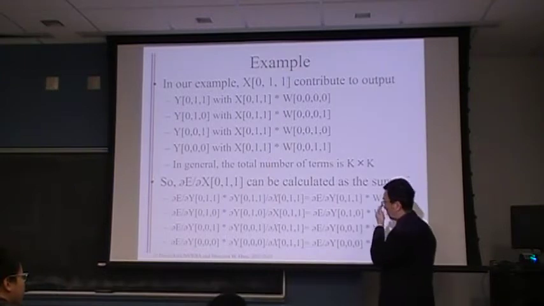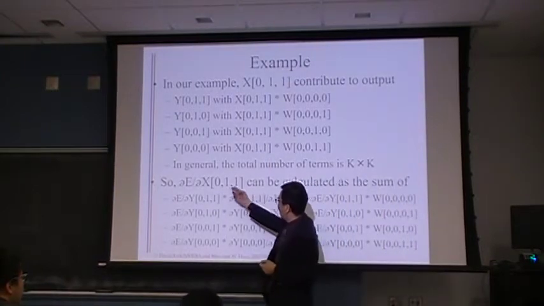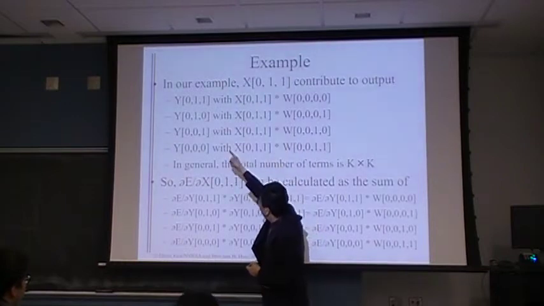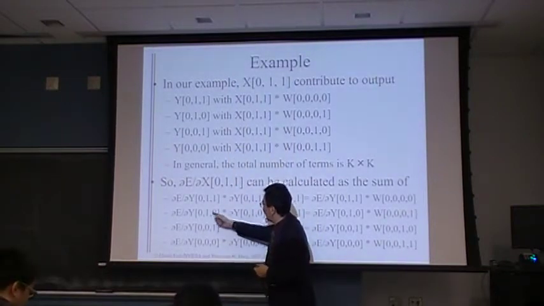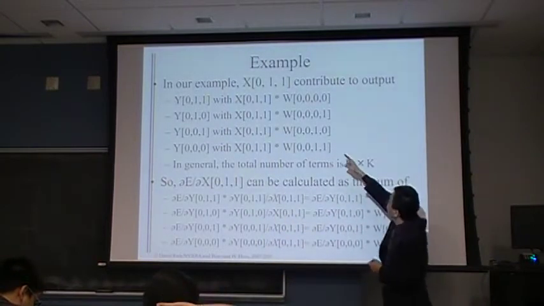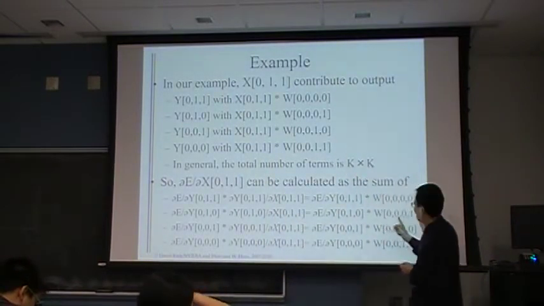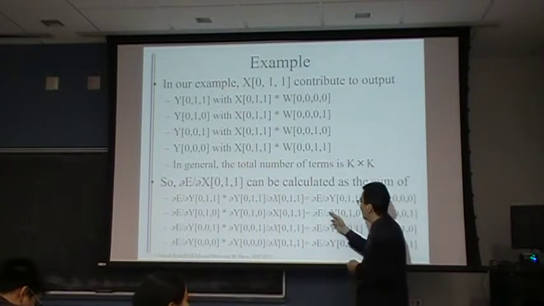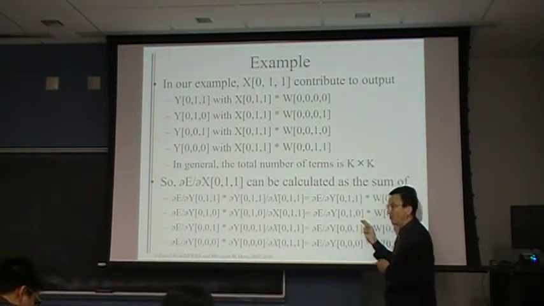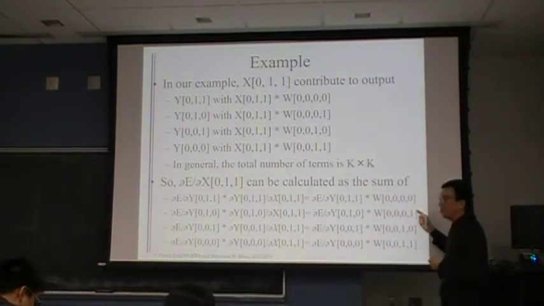And then we can also tell that x11 will affect y10, and the way that it affects y10 is by multiplying with w01 here. So I'll take the delta E delta y10 and multiply by w01.